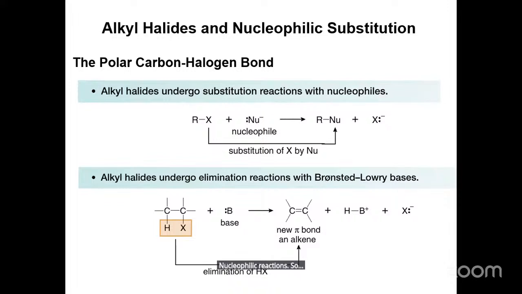So the carbon is polar, so a nucleophile, that's electron rich, will react with the alkyl halide, displacing the halogen to form the product.